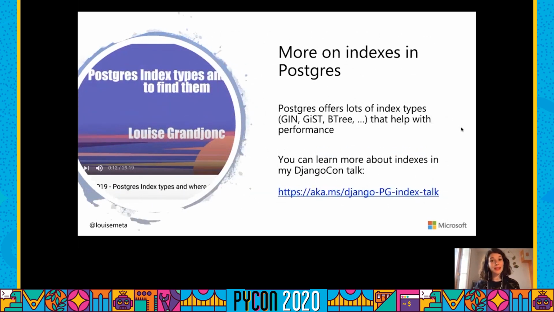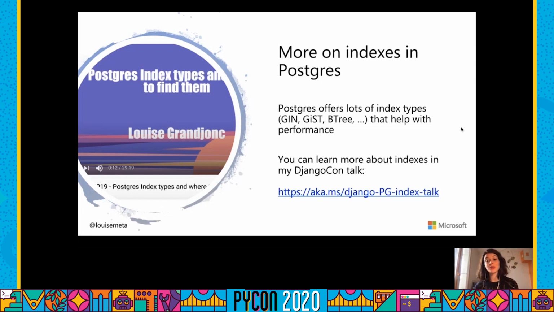If you are curious about indexes in Postgres, I gave a talk at DjangoCon this year. DjangoCon is such a wonderful conference. I really loved it. I talked about what Postgres offers in terms of index types like GIN, GiST, B-tree, how to choose between those, and how to improve your performance using the right indexes.